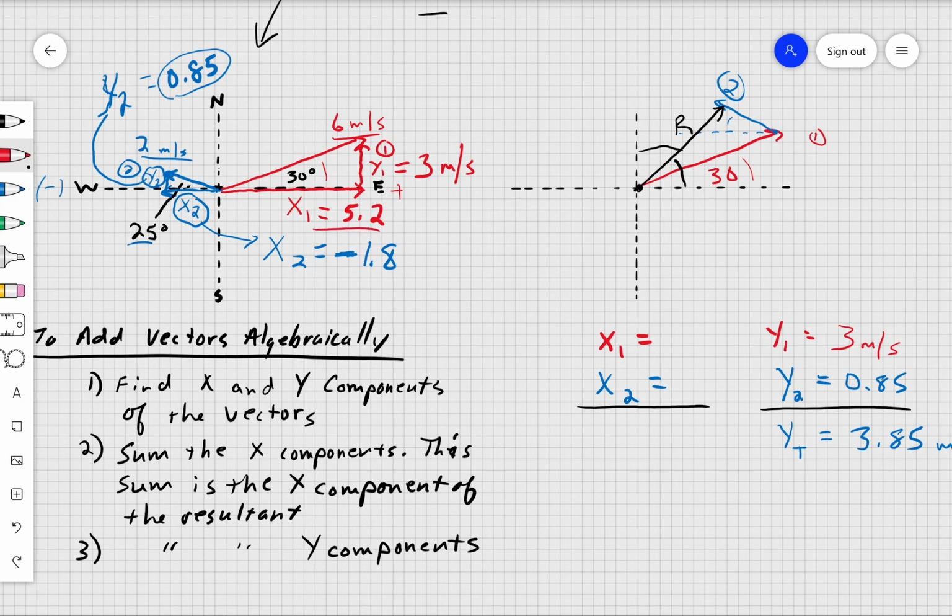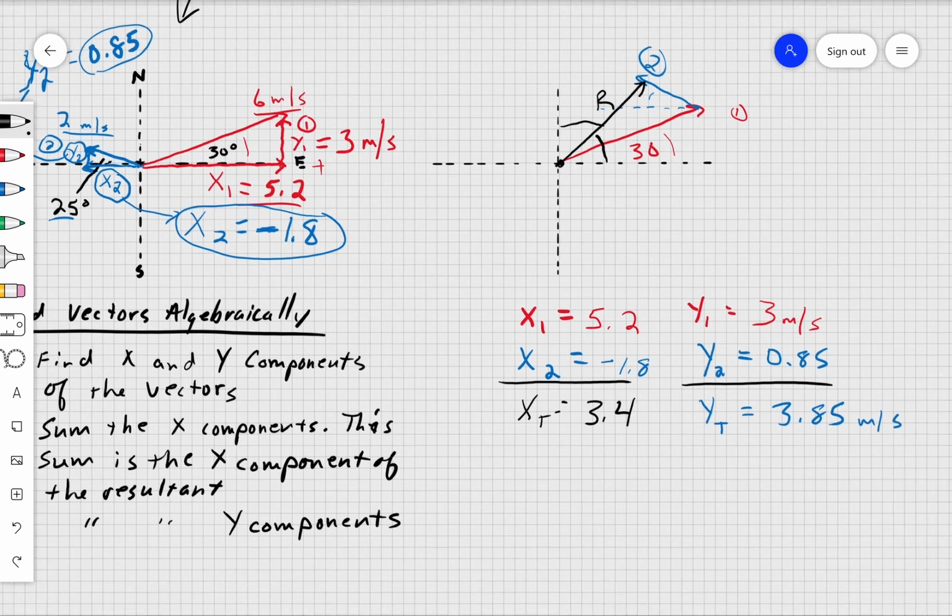And for the x's, to sum those, looks like the x component for 1 is 5.2, and the x component for 2, which we know is negative 1.8. So when I sum those, that's about 3.4.